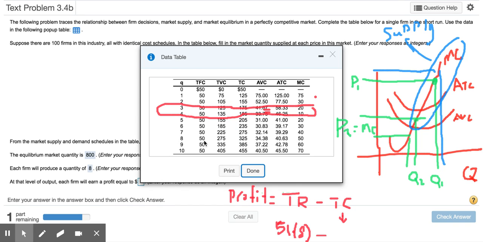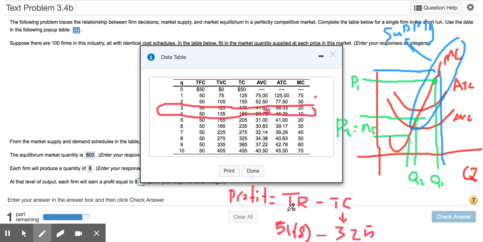So total cost will be 325 at this level of output. So at this level of output, this will be total cost for 8, minus 325. So 8 multiplied by 5, so 8 multiplied by 51, sorry.